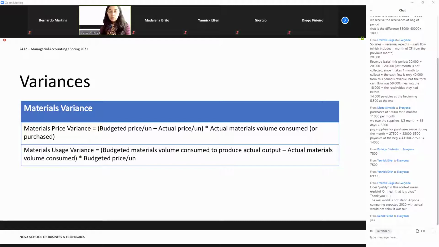So it's always important that you keep your brains working to have this critical mind to analyze if it is favorable or unfavorable. For all variances, we calculate the values with the formulas, and then we identify if it is favorable or unfavorable. Okay, so this is for materials.